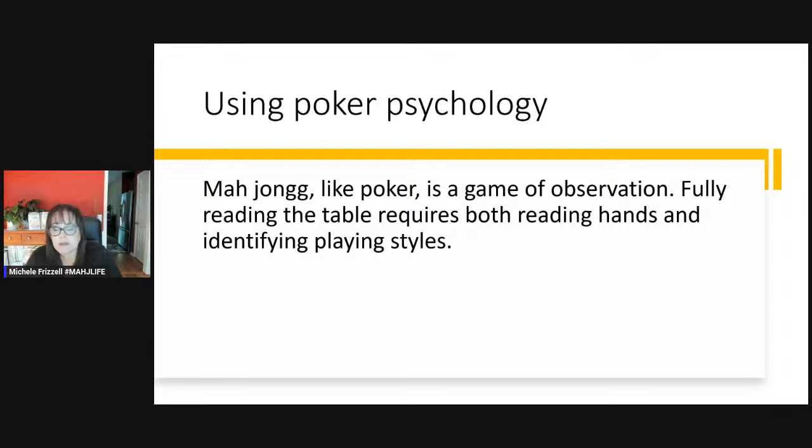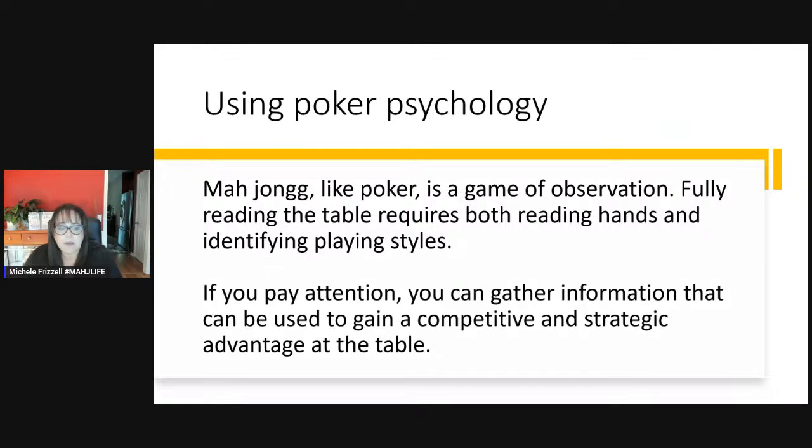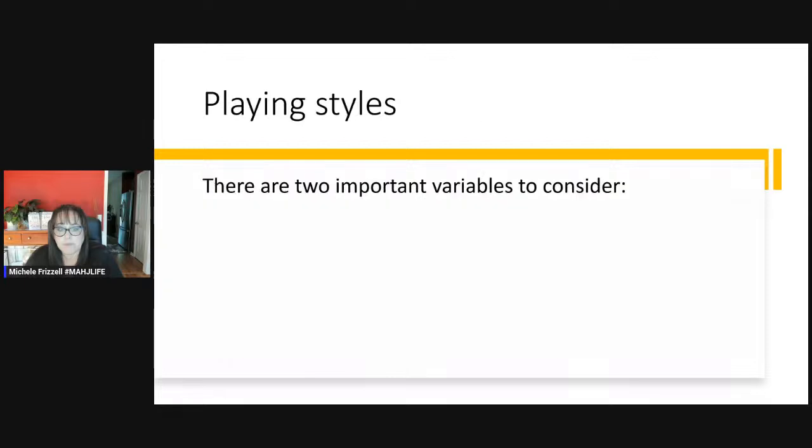And then identifying playing styles is what we're going to focus on in this short presentation. If you pay attention, you can gather information that can be used to gain a competitive and strategic advantage at the table. So that's the goal. There are two important variables to consider before we talk about how to do this.